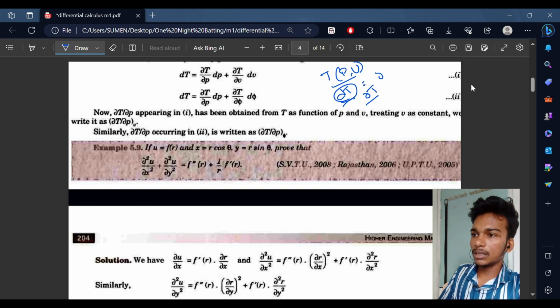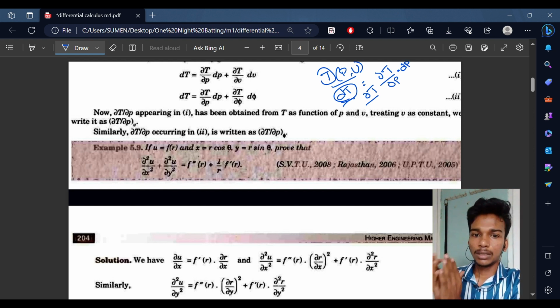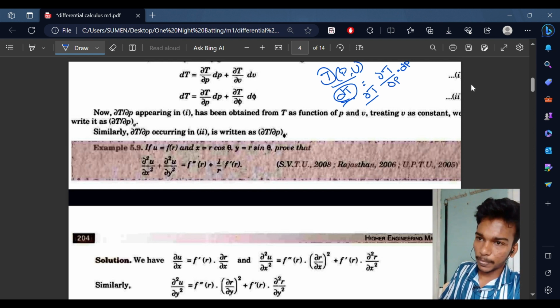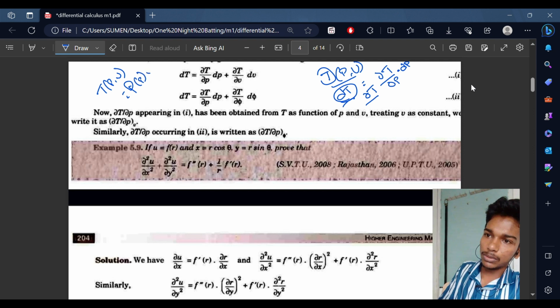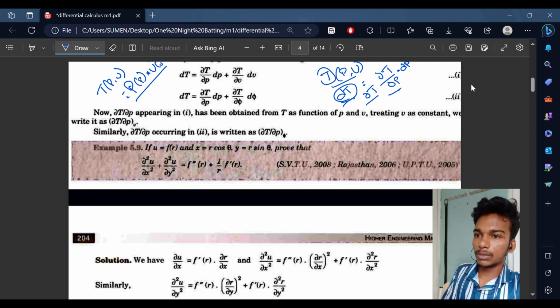Now we differentiate t with respect to p: dou t by dou p into dp. As we are treating u as constant and separating the variables, taking p as one variable and u as another, I can take t of p comma u equal to capital P of p into U of u. I have separated the variables, considering p as one function and u as a different function.